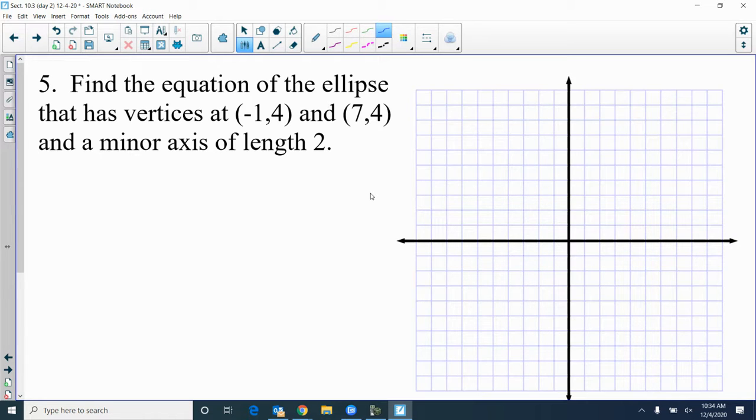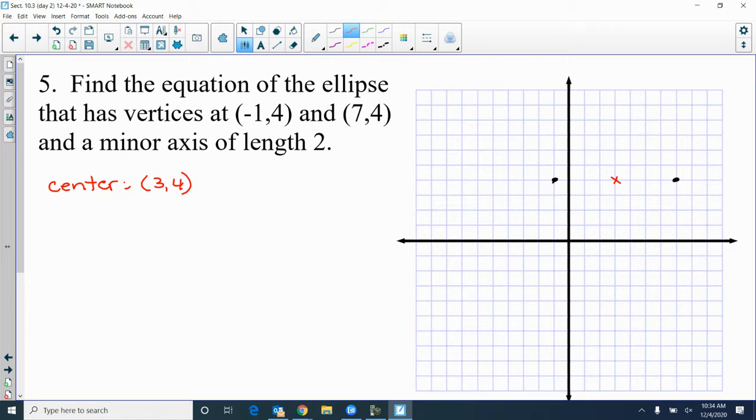For me, I'm going to at least plot these points: (-1, 4) is right here, and then (7, 4). In the middle has to be what? Our center, right?